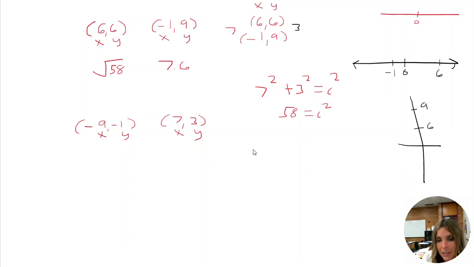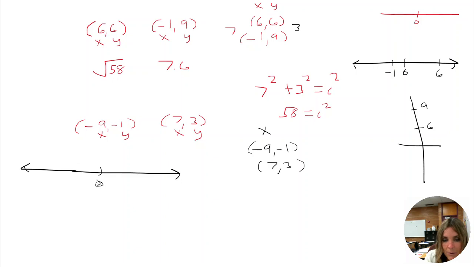So the first thing I'm going to do is stack these 2 points, -9, -1, and then I also have 7, 3. So my change in the x-axis, okay, so these are my x coordinates.